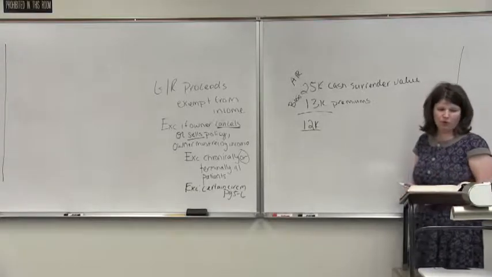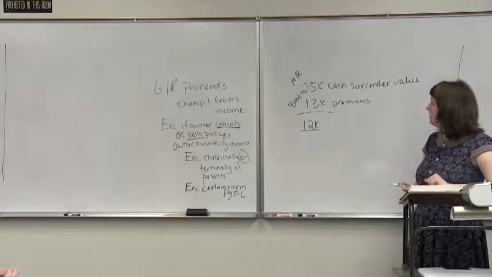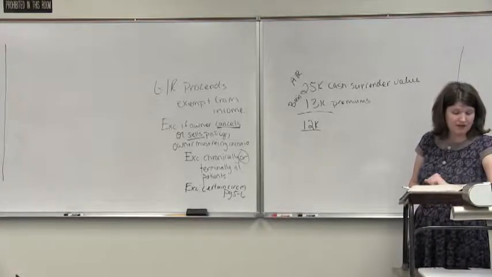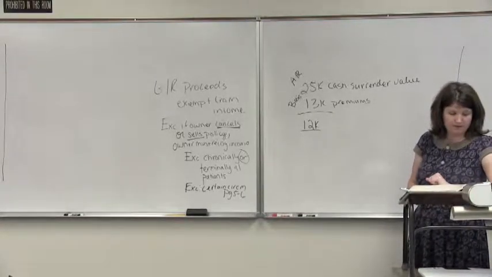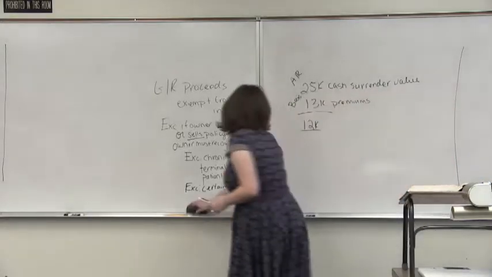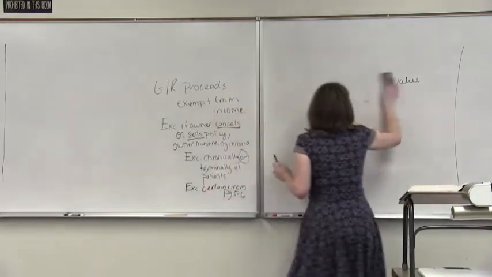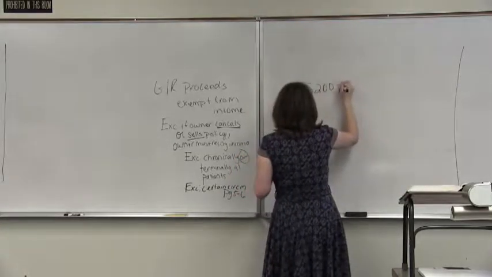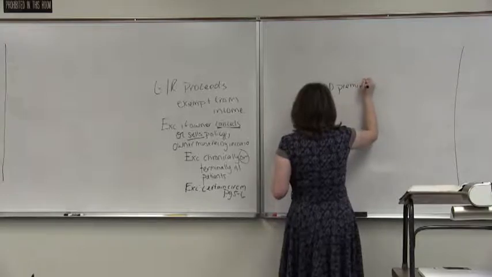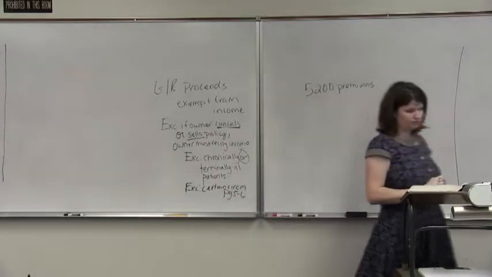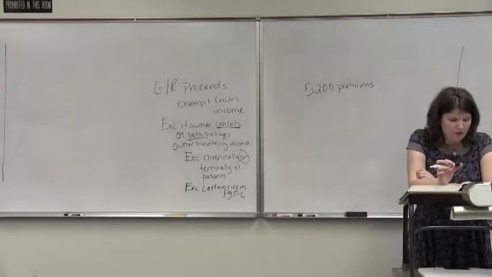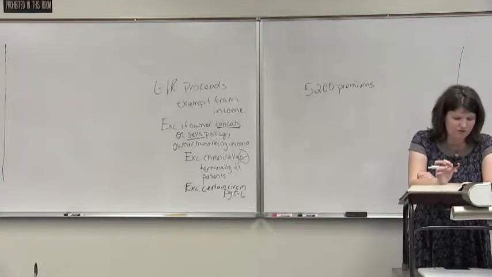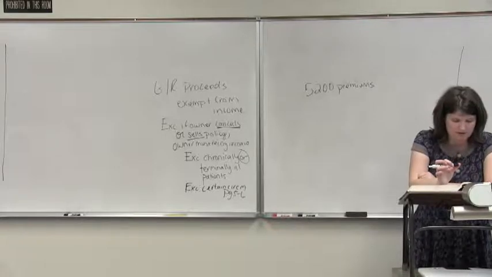This is example 4 in the book. Tom owned a life insurance policy at the time he was diagnosed as having a terminal illness. He paid $5,200 in premiums for this policy. And he sold the policy to Amber Benefits, Inc., a company that is authorized by the state of Virginia to purchase such policies.